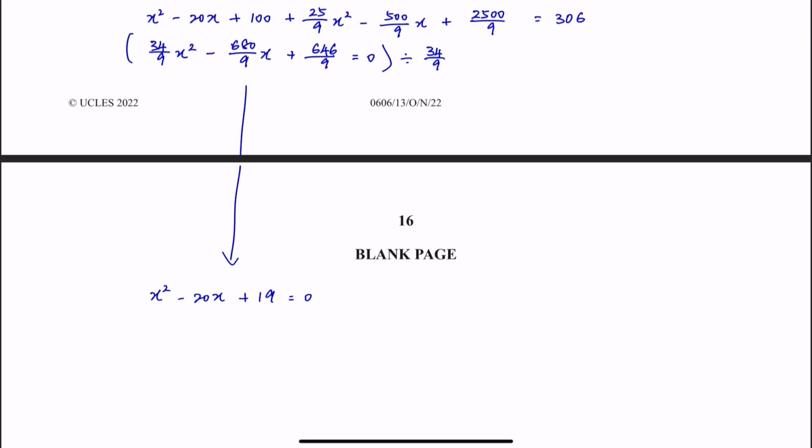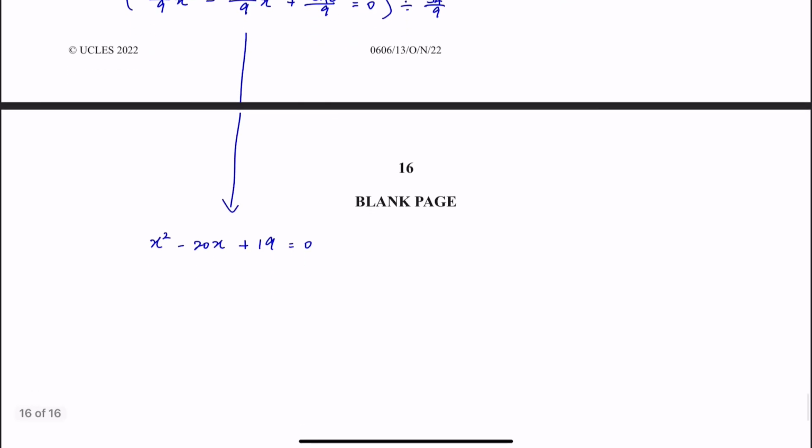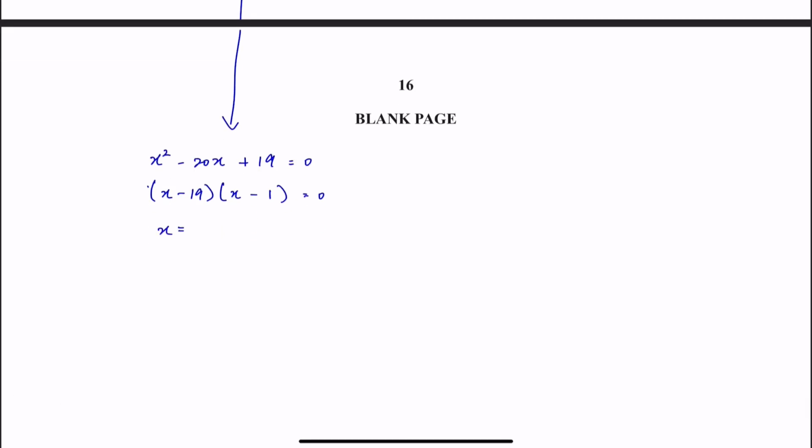This is the continuation, yeah? So we can factorize it to get (x minus 19)(x minus 1) equals 0. So x would be 19 and x would be 1. So when x is 19, y would be -5 over 3 times 19 plus 23 over 3, which is -24.